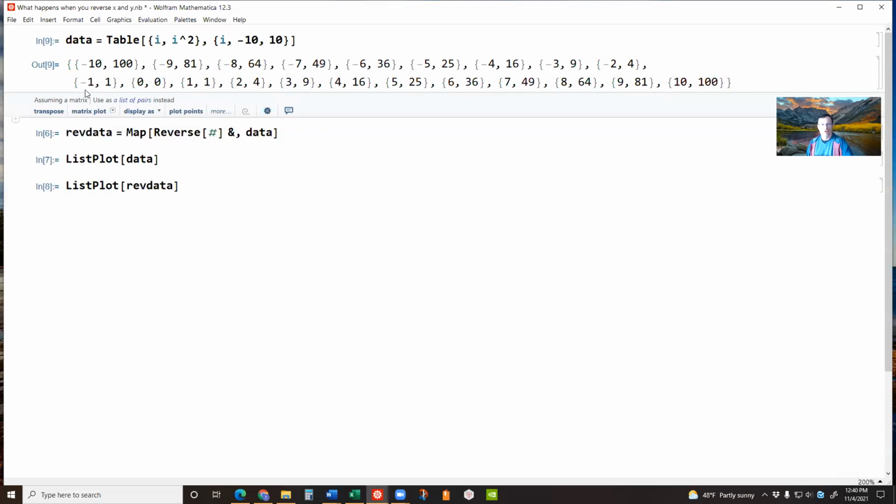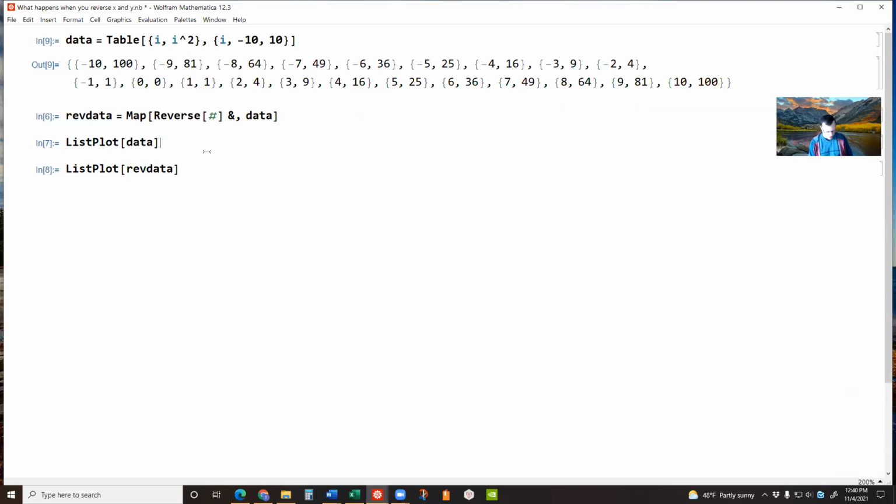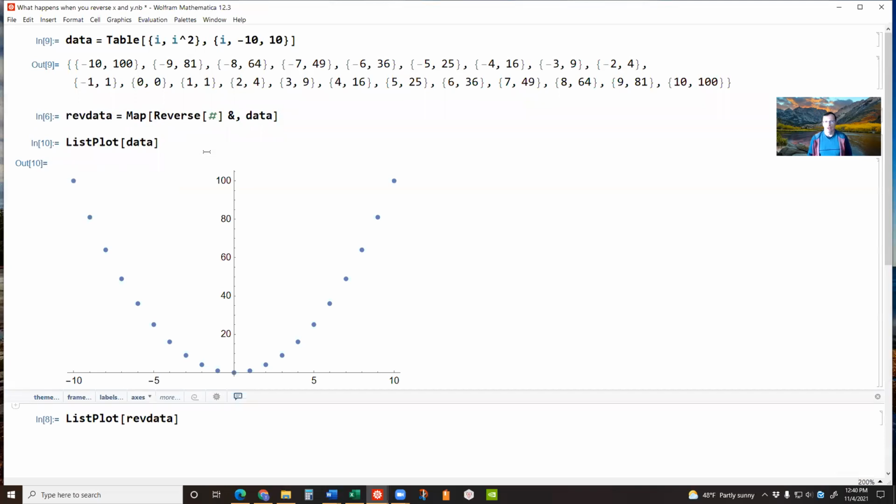So basically I'm going from -10 with the X value up to +10. Then I plot that data. Here's what the data looks like when I plot it. You can see for yourself, it basically looks like a U.